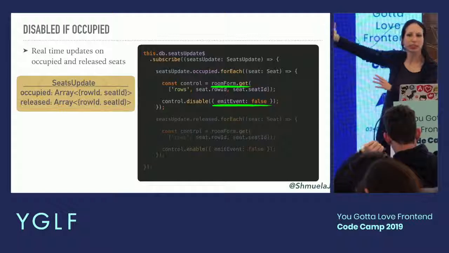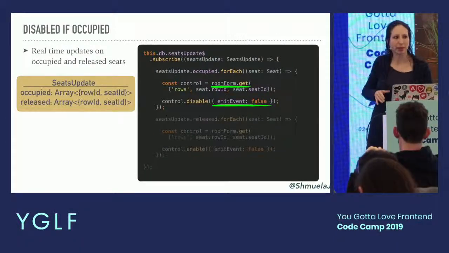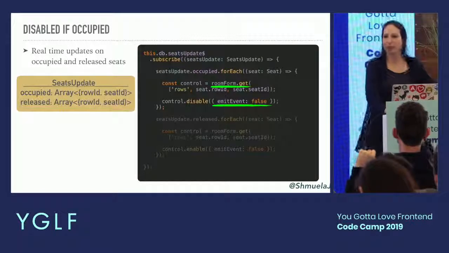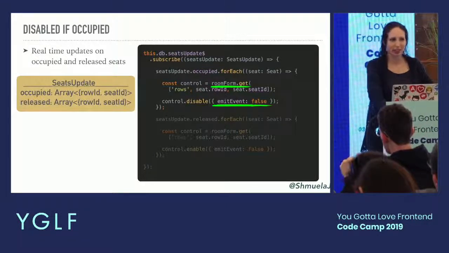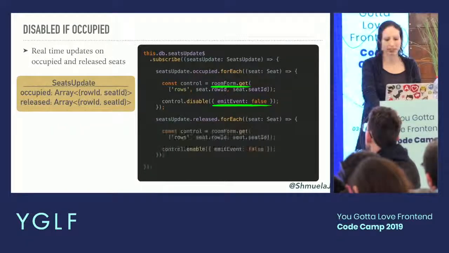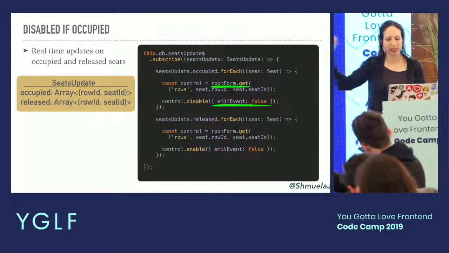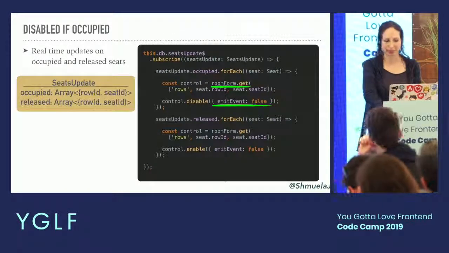So I just wanted to seamlessly disable and not notify anyone about this. And how do I enable a control of a seat? Exactly the same way. I'm getting the seats that were released, getting the specific seat and enabling it, again not emitting a value.